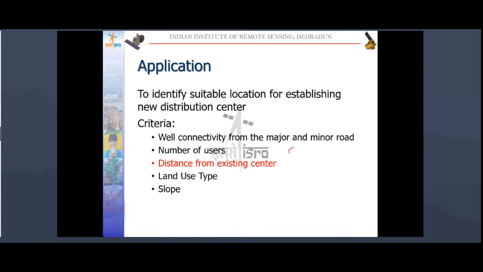You are having a warehouse somewhere, and from the warehouse you have to transport the material to the distribution center. So connectivity of the distribution center from the major roads should be very good, so that goods can easily be transported. Transport will generally be in bigger, heavy vehicles. So connectivity from the road is essential.